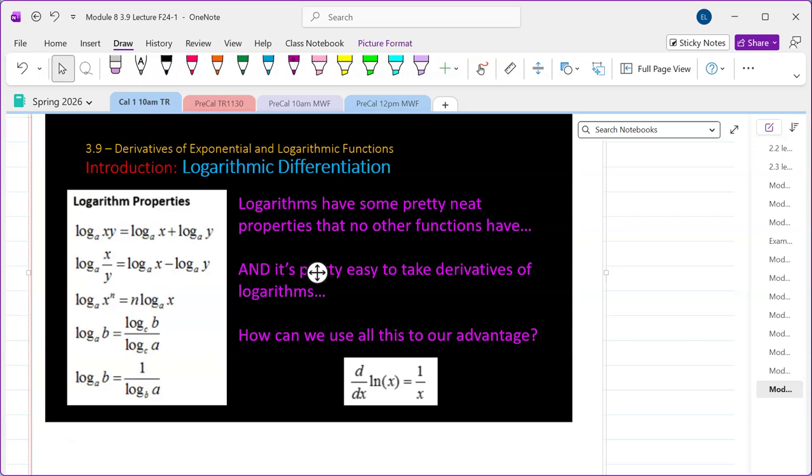Our middle rule here is log's whole purpose in life, to take the power, bring it down in front of the log. And then the last two are just using change of base formula. And we really only bother to use change of base if they give us a log base that's not natural log.